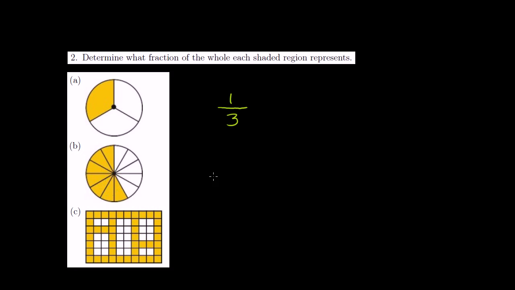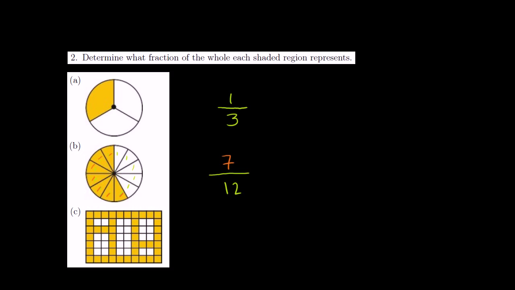The second one, how many sections do we have? All the sections are equal sized. So we have 1, 2, 3, 4, 5, 6, 7, 8, 9, 10, 11, 12 sections. How many are shaded? 1, 2, 3, 4, 5, 6, 7. So it is 7/12. That's what this shaded region represents.